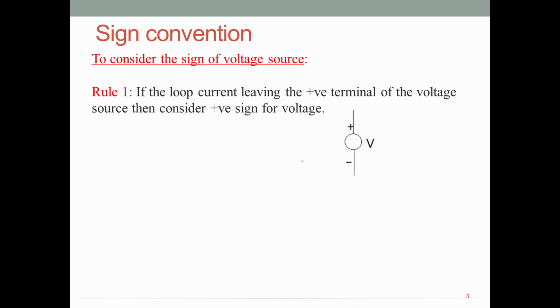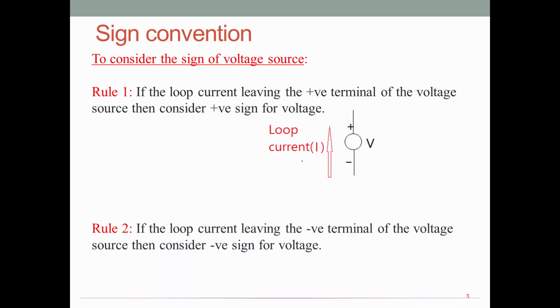That is, if you have a voltage source with the positive terminal at the top and negative at the bottom, then the loop current flowing from bottom to top, that means leaving the positive terminal, you have to consider this voltage source with a positive sign.